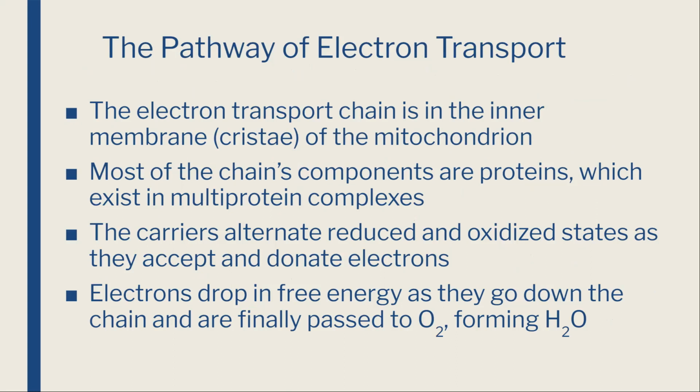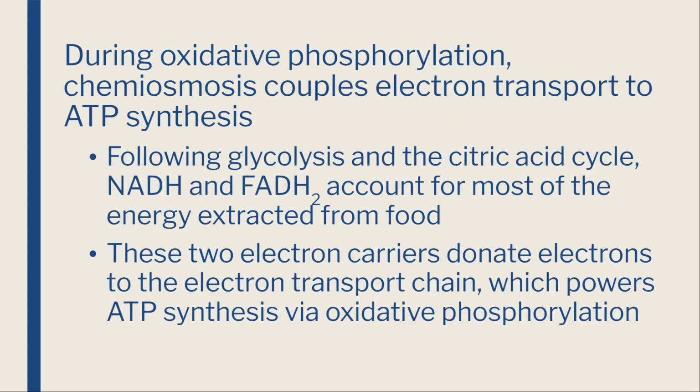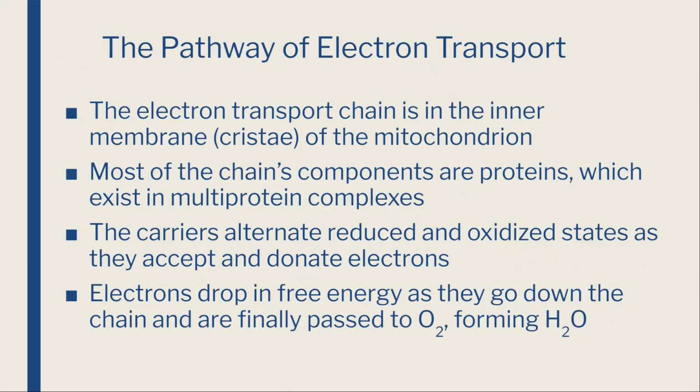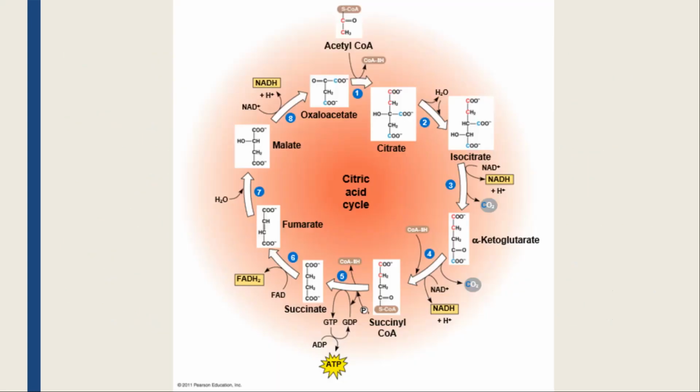And part of that final step, oxidative phosphorylation, you can see that the first step is the electron transport chain. The enzymes involved in the electron transport chain are embedded in the inner membrane of the mitochondria. So the citric acid cycle is going to occur in the middle of the mitochondria in the matrix.